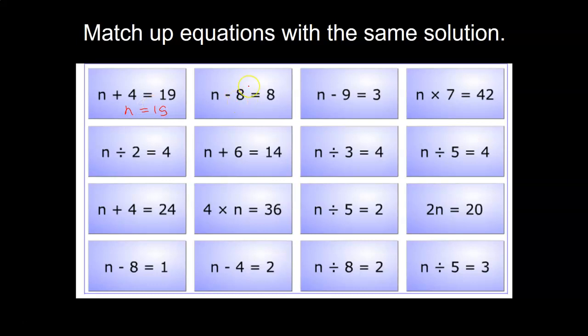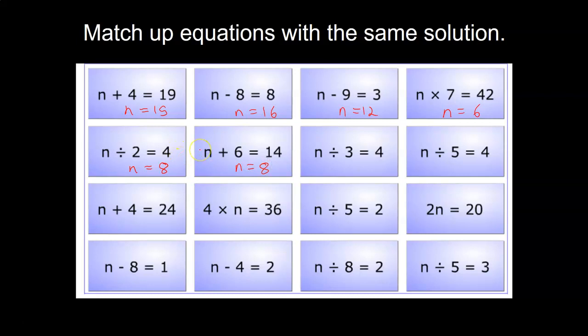Next one, the inverse of subtract 8 is add 8. The inverse of subtract 9 is add 9. The inverse of multiply by 7 is divide by 7. The inverse of divide by 2 is multiply by 2. The inverse of add 6 is subtract 6.